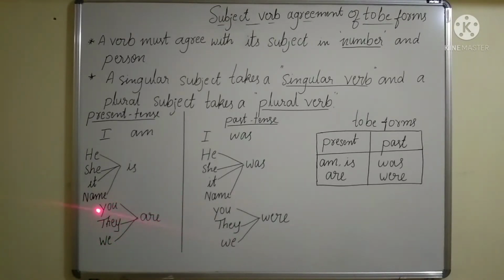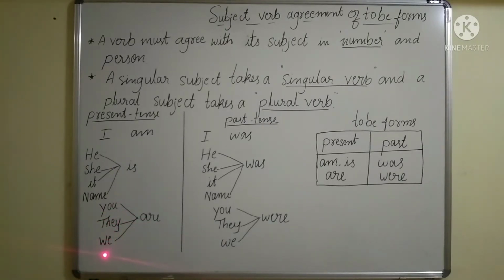See, what does a plural subject indicate? We all know that when you is plural, it represents more than one person, one thing or one animal. They also is a plural subject and represents more than one person.